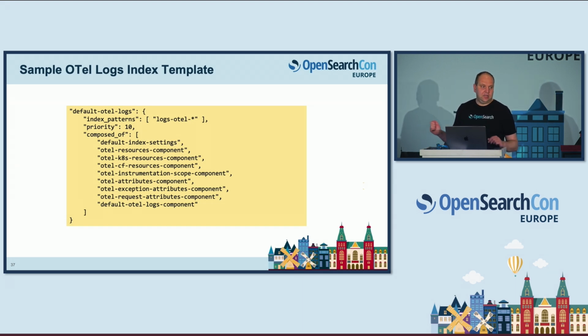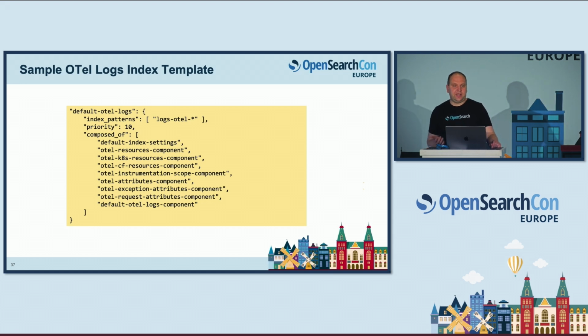And since requests also can log headers, we again are at the problem that if you have a header that is separated by dots, we might get indexing conflicts. And that's why it's a good idea to have a specific mapping here. And of course, at the bottom, it tells us there's a default logs component. And if you want to override it, you can mix and match all these kinds of component templates. This is how we do our indexing.